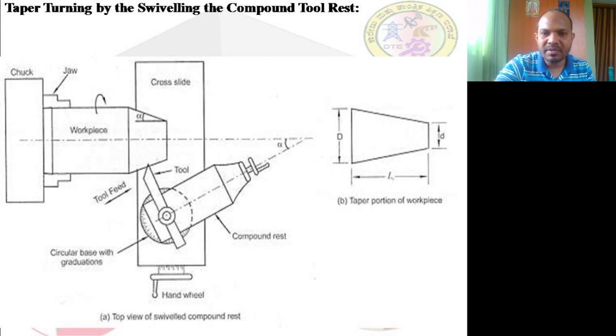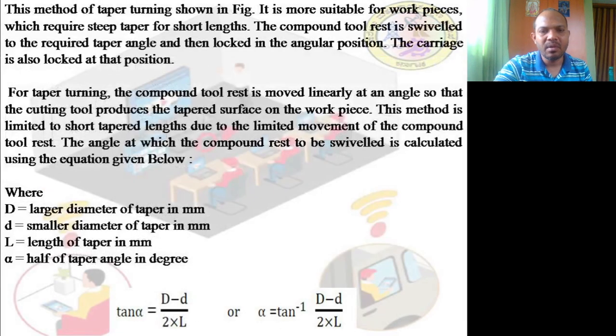This length, given by capital D minus small d, is the opposite side, divided by the adjacent side. What is this adjacent side? It is nothing but 2 into L, because it is on both sides. It is on both sides because it is symmetric in nature, my dear friends. So alpha will be given by tan inverse of (capital D minus small d) divided by 2 into L.